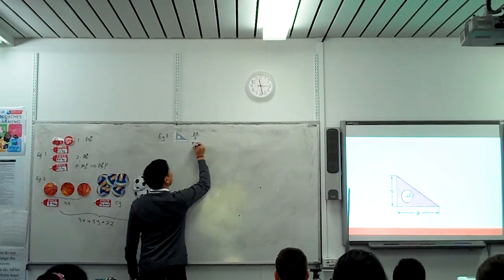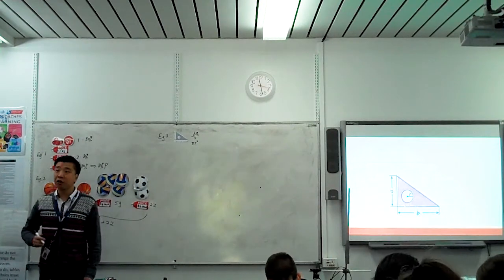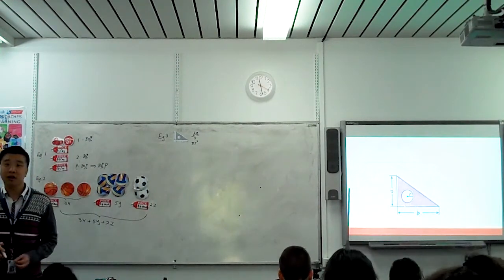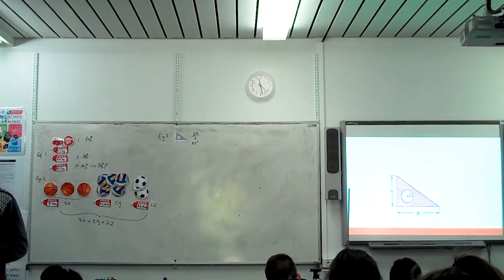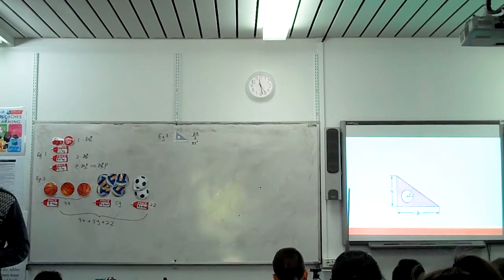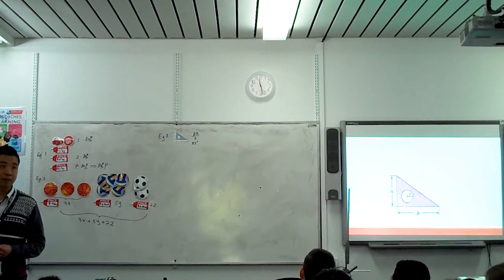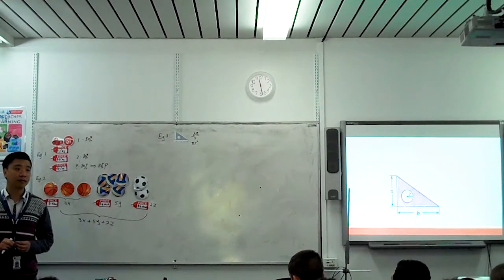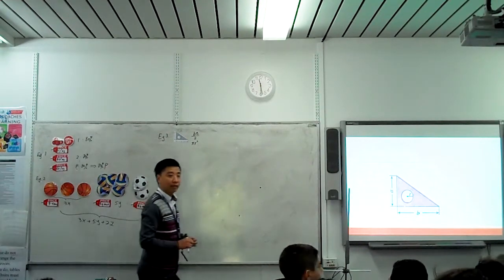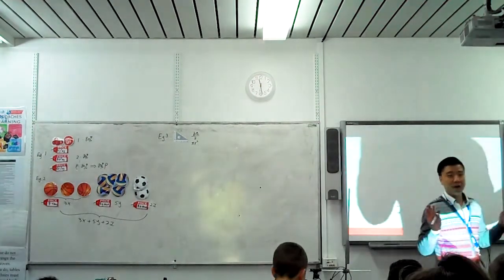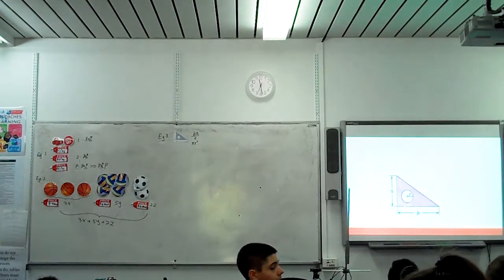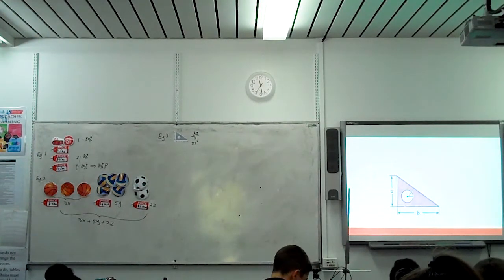Okay. Now in box 2, I want you to write the area of the shaded region. Alright. Write that in box 2. You can just write that into box 1, that's fine. It doesn't have to be in order.